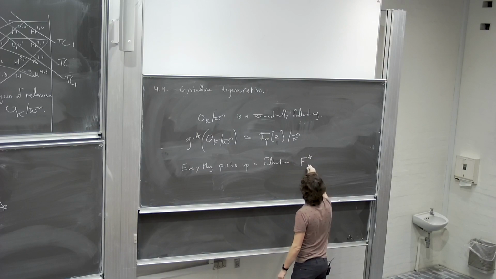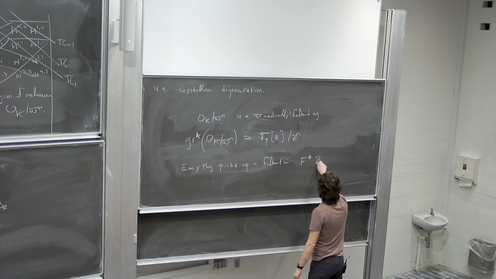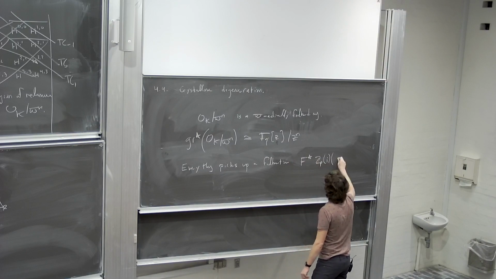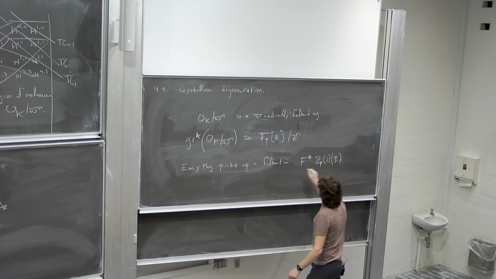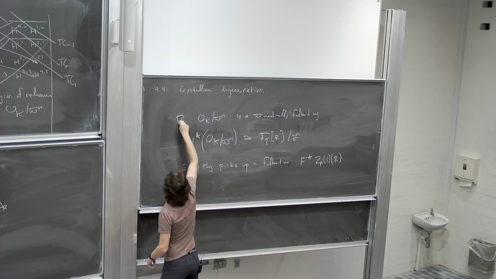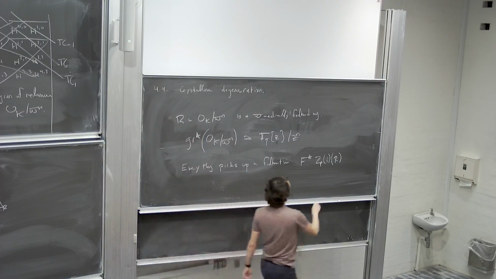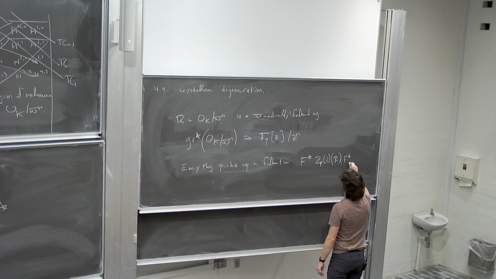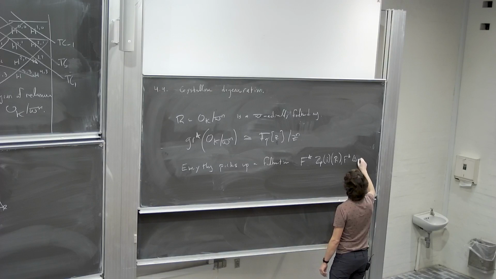Which we'll write F star, I'll write it F star ZPI, and maybe now this ring will just be R. And similarly for the absolute prismatic cohomology and everything else.